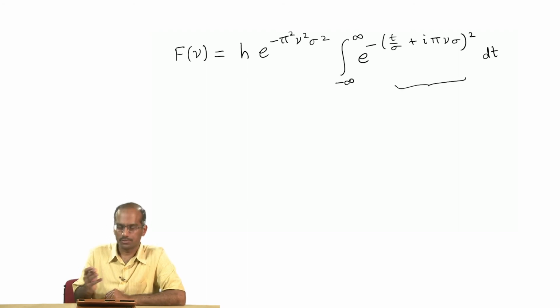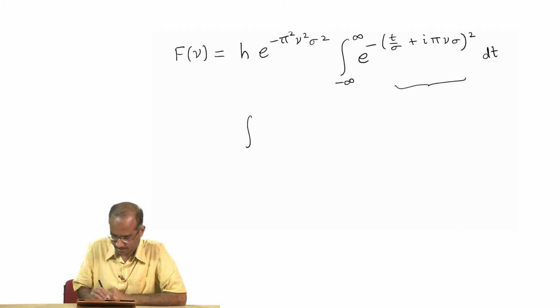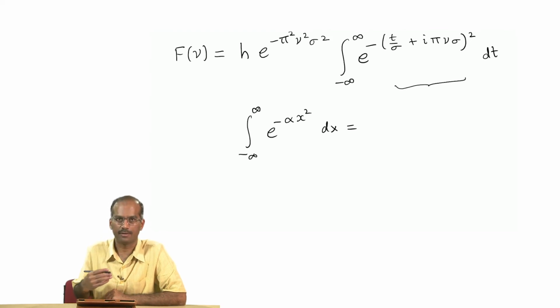Now, we can use the standard result that e power minus alpha x square dx when integrated between minus infinity to plus infinity gives you root pi by alpha.